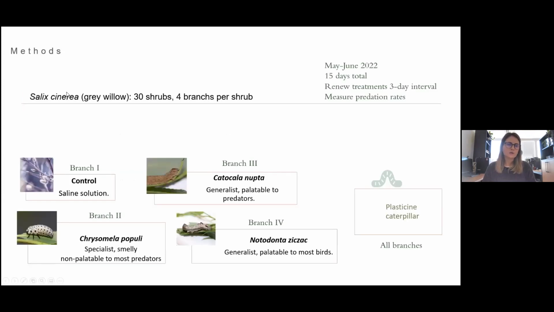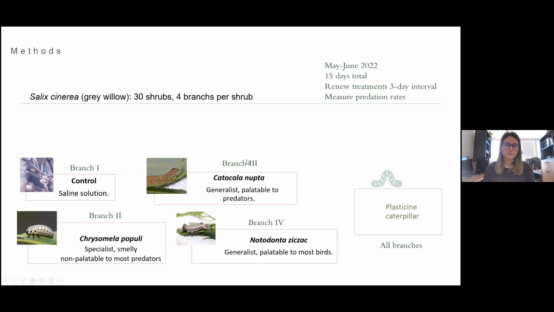So as I said, we are using Salix cinerea, approximately 30 shrubs, 4 branches per shrub. The first branch will have control solutions, which is just mechanical wounding plus saline solution, that is also the one used as carrier for preparing the other treatments. The second branch will have mechanical wounding plus treatment from Chrysomela populi extract.